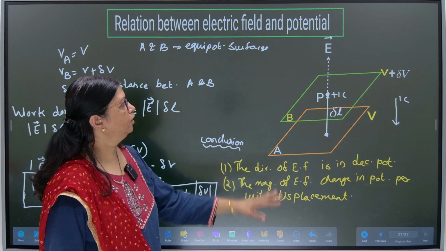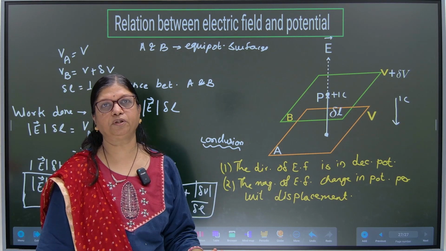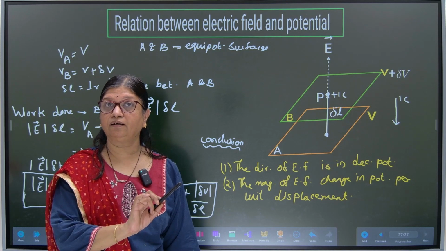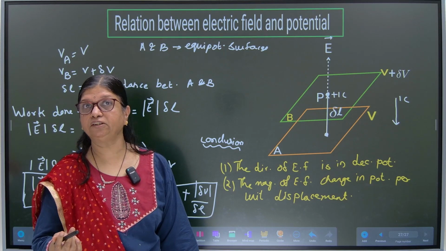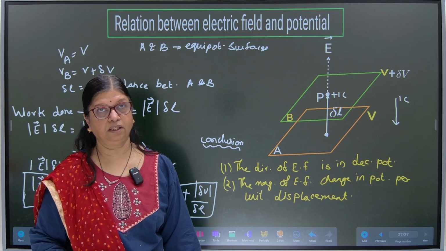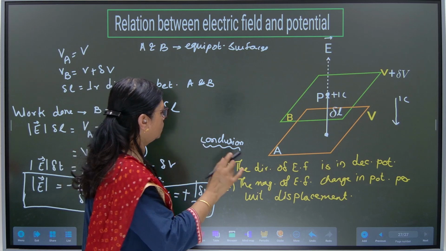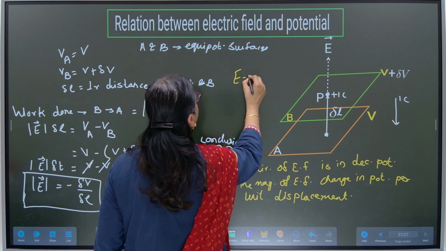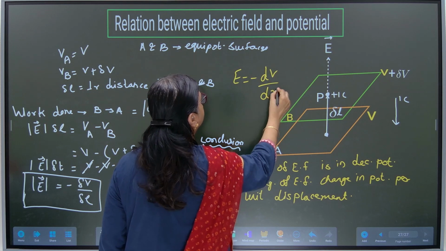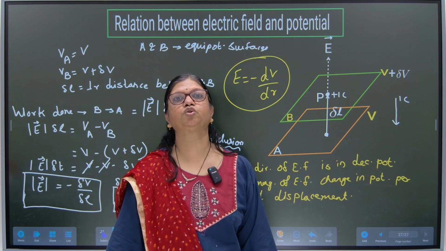Fine. So go through this concept of the relation between the electric field and the potential. Important, very important, because this formula will keep coming. You can also write this formula as E is equal to negative dV upon dr or dl. This also is possible to write here.